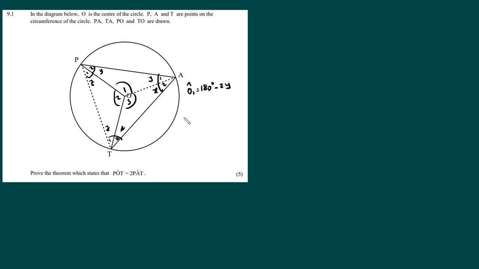So you're going to get 2X plus 2Y plus 2Z being equal to 180 degrees. Then you say I want 2Y. So 2X plus 2Z is 180 minus 2Y. Now you take a common factor, X plus Z is equal to 180 minus 2Y.